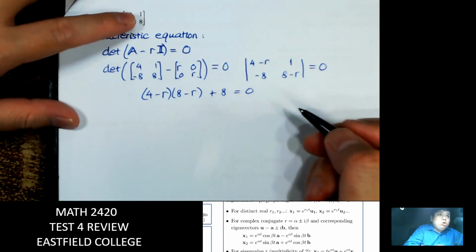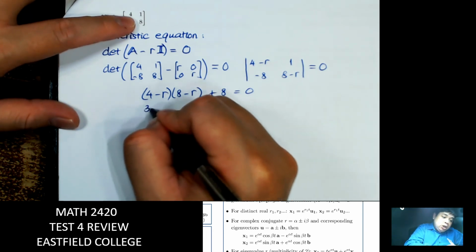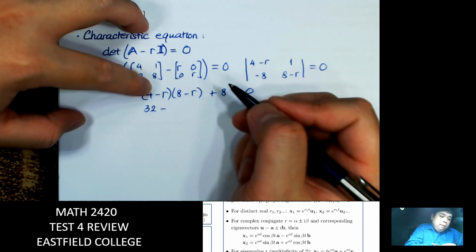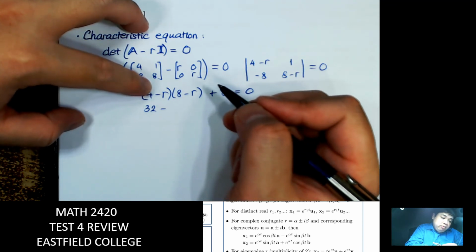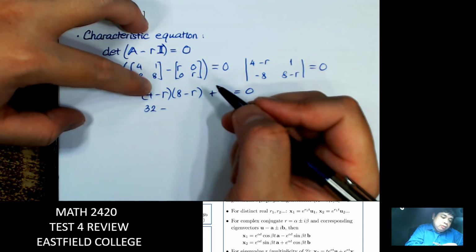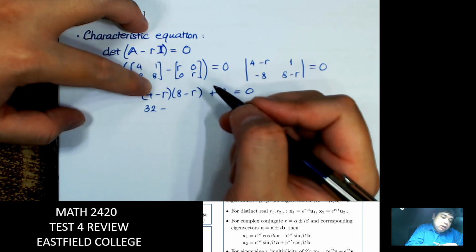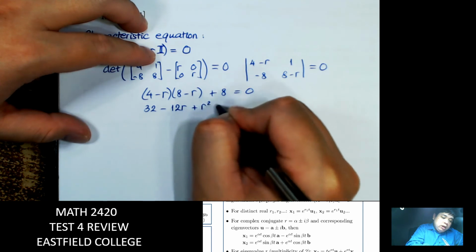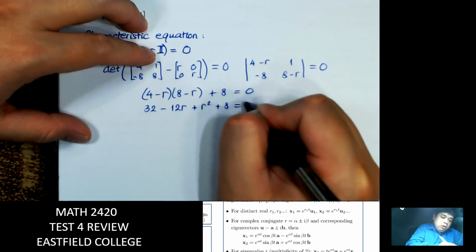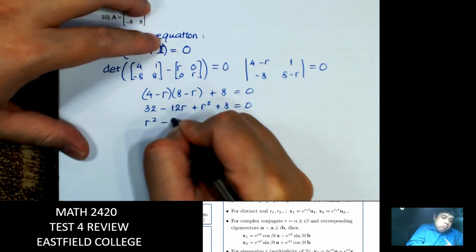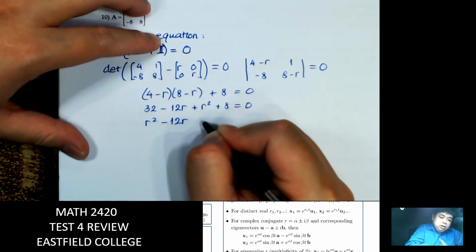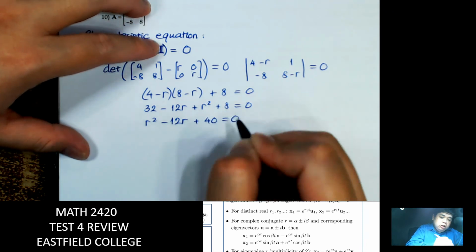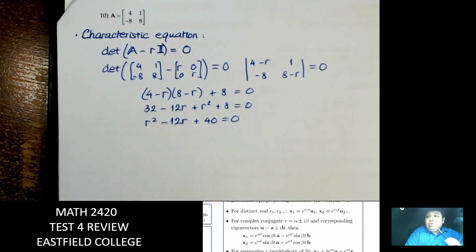Or multiply this out. 32 minus 8R minus 4R, so minus 12R plus R squared plus 8 equal to 0. So R squared minus 12R plus 40 equal to 0.